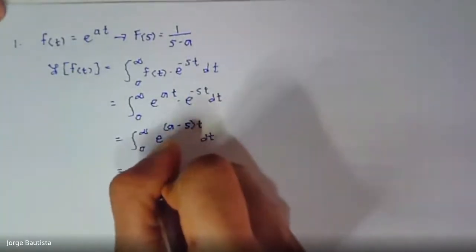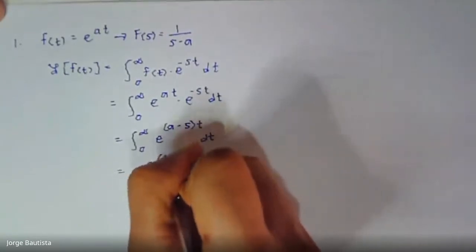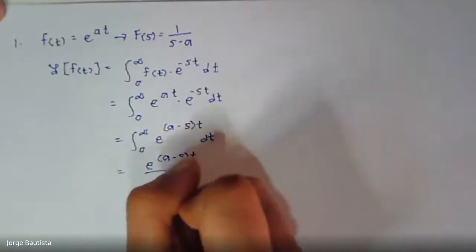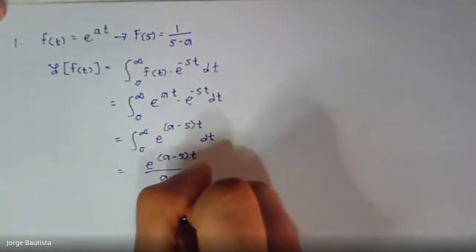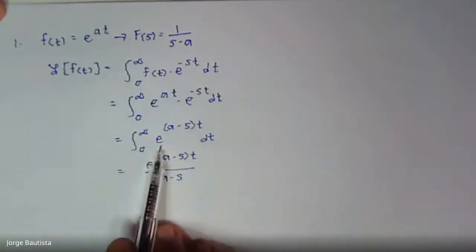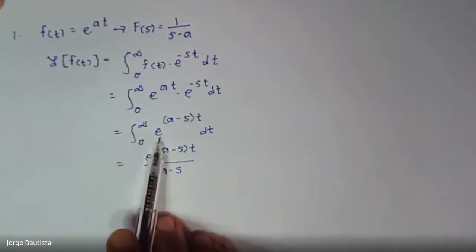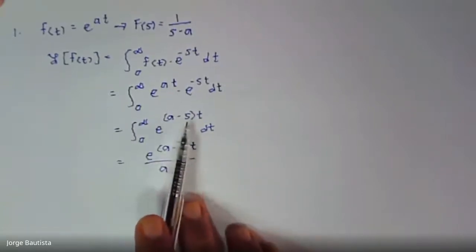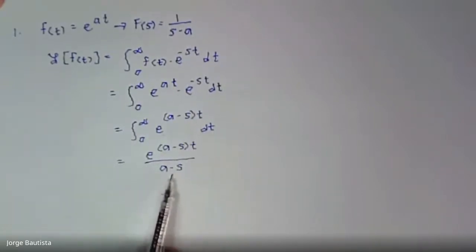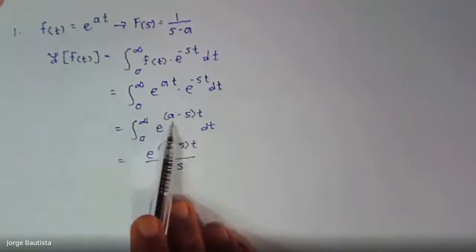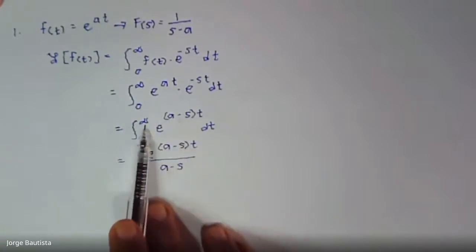So e raised to a minus s t all over a minus s. Okay? So yan ang integral ng e. Diba? Yung coefficient ng t nilalagay dun sa ilalim. Sa derivative kasi, yung coefficient ng variable is nilalagay doon, minumultiply.